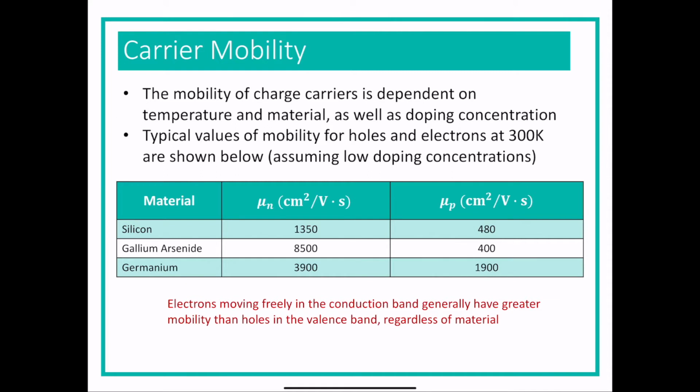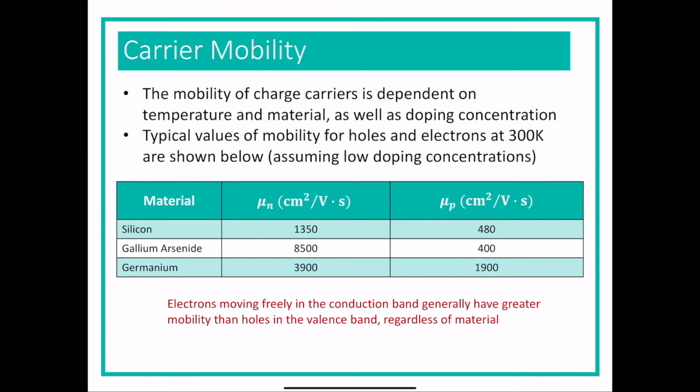Like so many other things, we can get the value of mobility for electrons and holes at 300 K, and we have to assume that we have reasonable doping concentrations, not just over the top. That's just one of those things, because if there's too many charge carriers, they're running into each other so much, they end up not moving around so well.